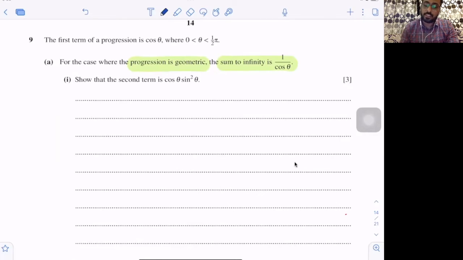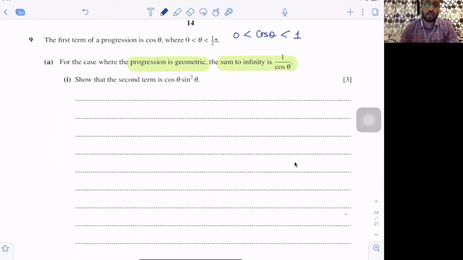So cos theta will be less than 1, right, students? It will be greater than 0 but less than 1. So cos theta is a value which is less than 1. So it is told that the progression is geometric and the sum to infinity is 1 upon cos theta. So show that the second term is cos theta into sine square theta. So I want to find the second term of the geometric progression.